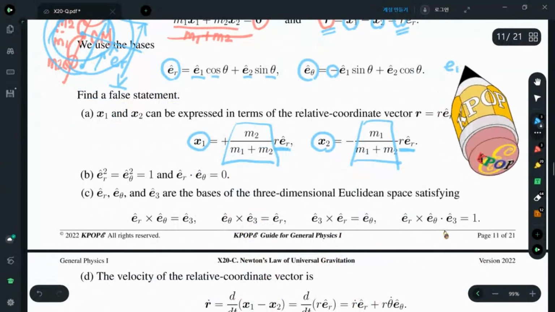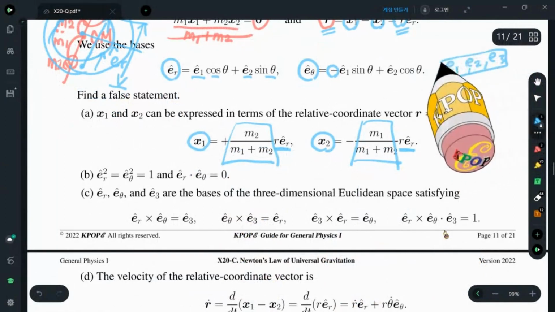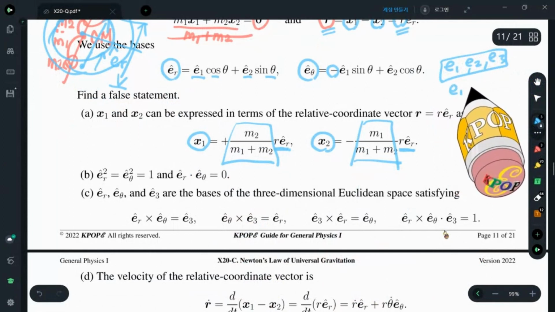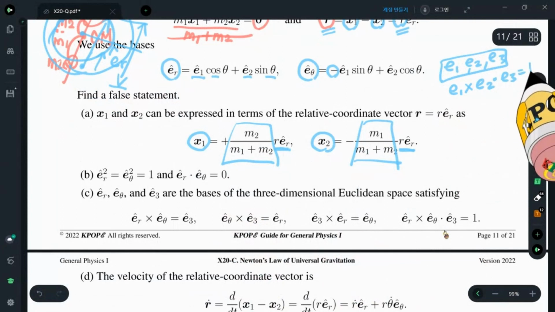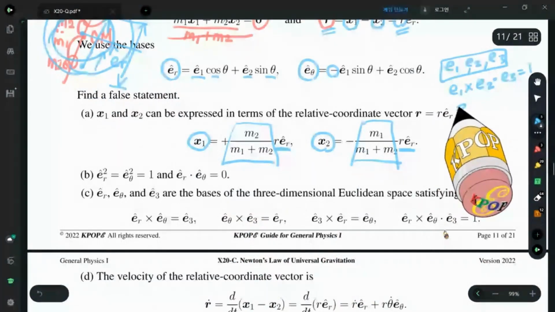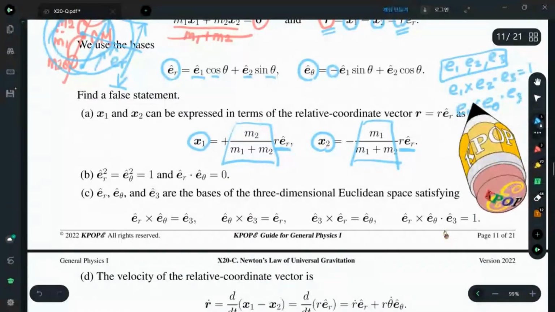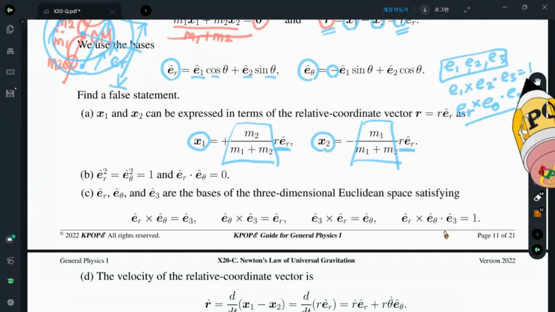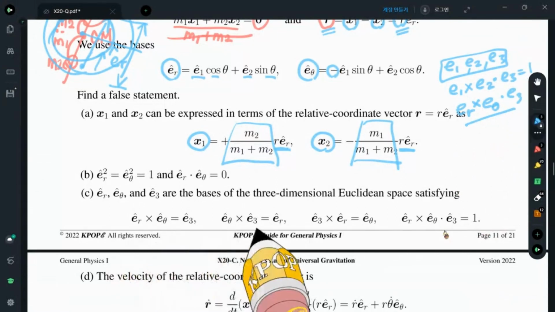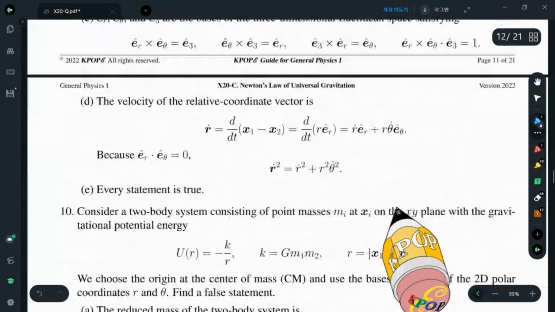You remember e1, e2, e3 make a cyclic triad, so that e1 cross e2 is e3. Just like that, radial, tangential, and a third component also satisfy the same relation. This relation is very useful to simplify the following computation.